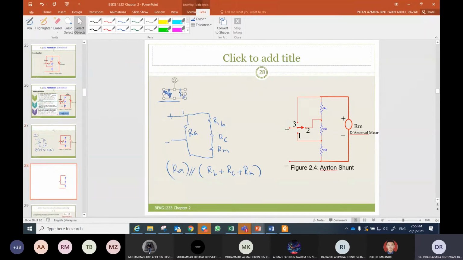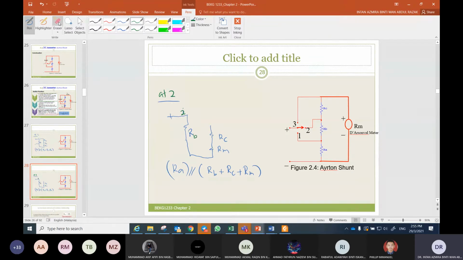Now this is for position 2. This is 2, and this is RB. I think you know this.